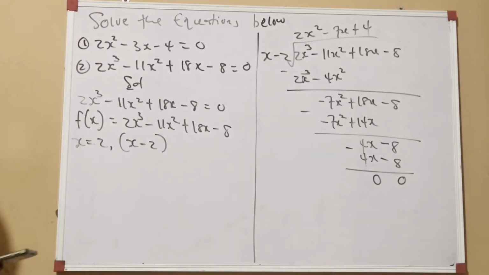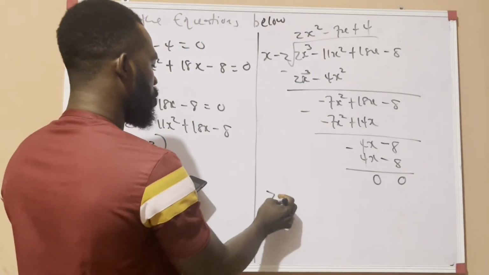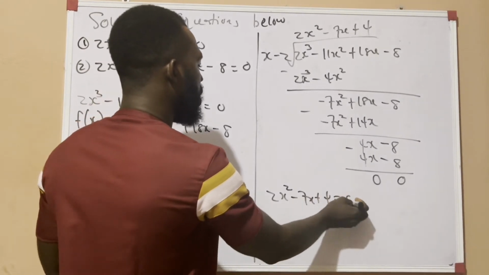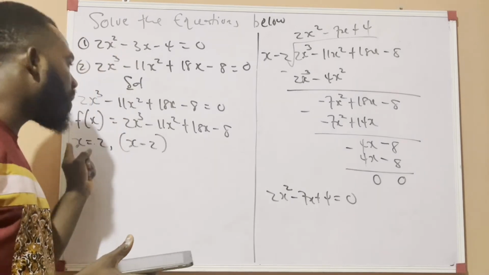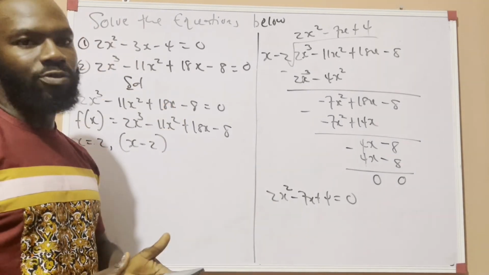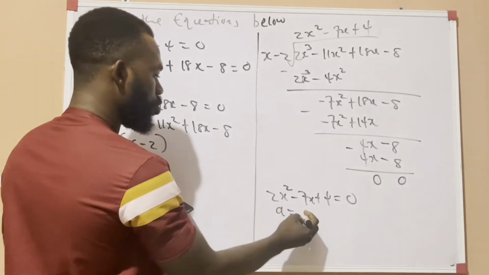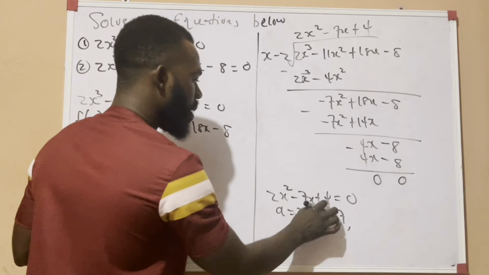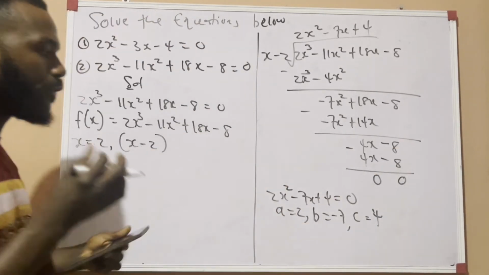All right. Now, what we are going to do is this. Solving 2x squared minus 7x plus 4 equal to 0. We are now down from a cubic equation to a quadratic equation. Of course, our a here is 2, our b is negative 7, and our c is a positive 4.